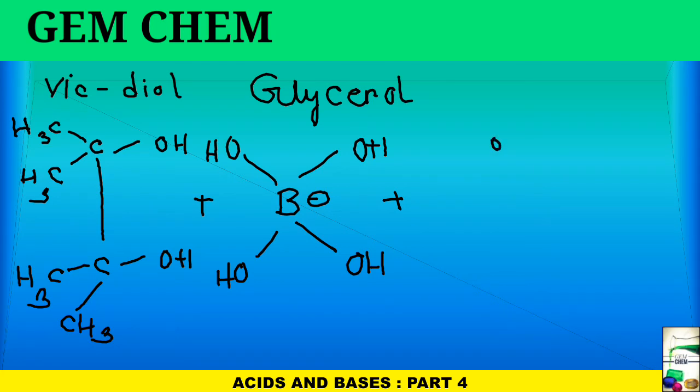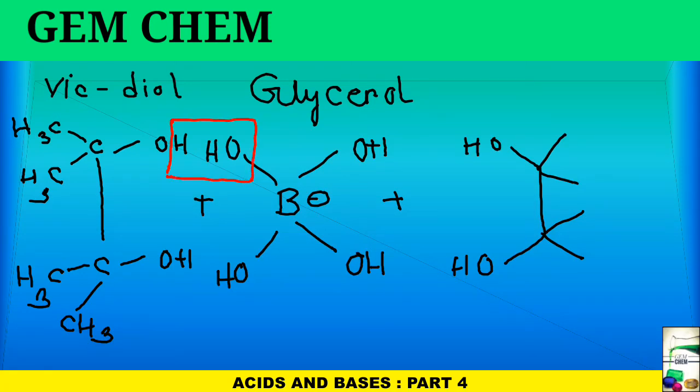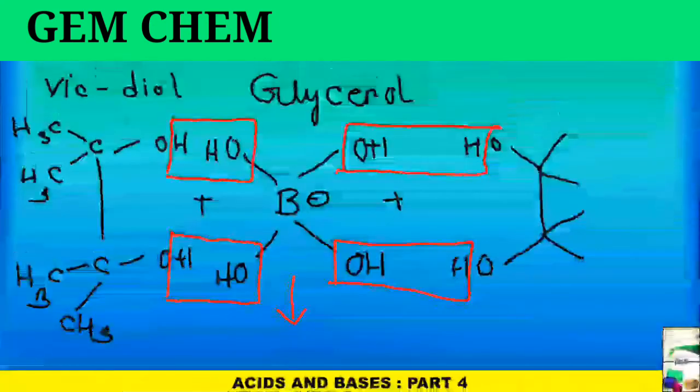Here we are taking OH, also here OH, and we have the same structure on this side also. What happens is there is removal of water. From here H is removed and from here OH is removed. Similarly from here H is removed and OH is removed. On this side also we will see the same thing, and ultimately what we get is a stable borate chelate complex.